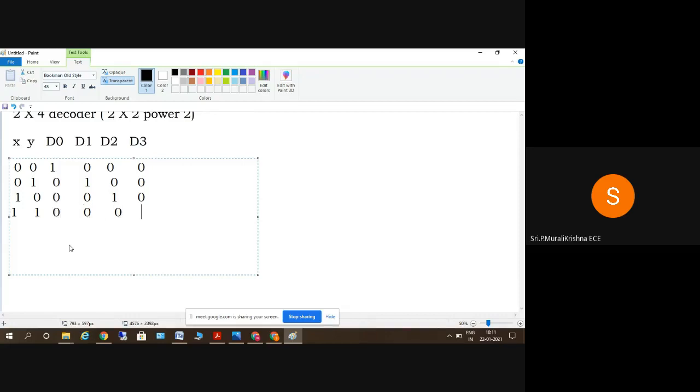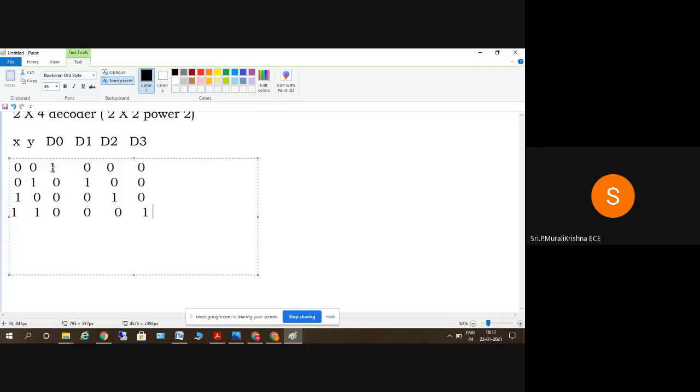d3 is 1. So a decoder is a combination circuit that converts binary information from n inputs to a maximum of 2 power n distinct outputs. No two outputs will be true at a time.